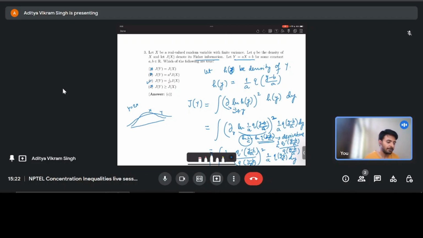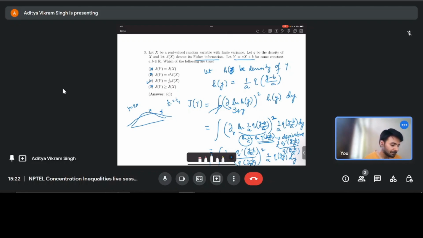On the other hand, we have Fisher information, which is the opposite: if it becomes flatter, the Fisher information decreases. It's basically because of this derivative of h of y. So 1 by a square would be 1 by 4, which says that Fisher information decreases by 1 by 4.